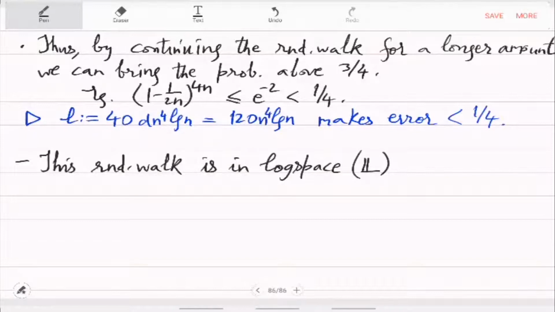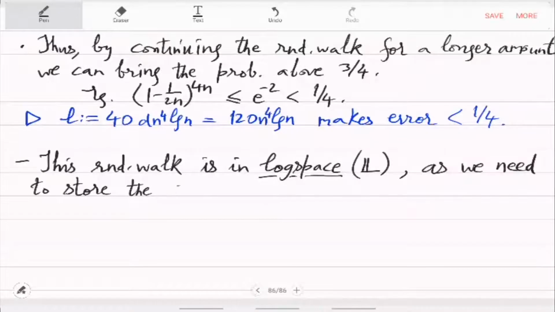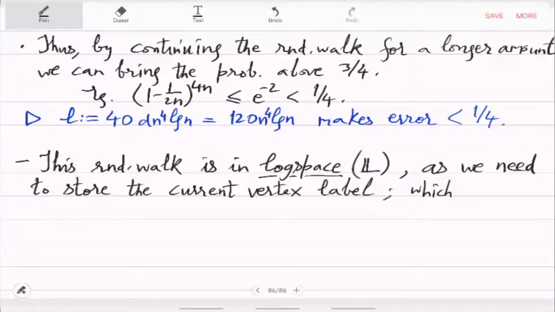So this random walk is in log space, as we need to store the current vertex label, which has only log n bits.